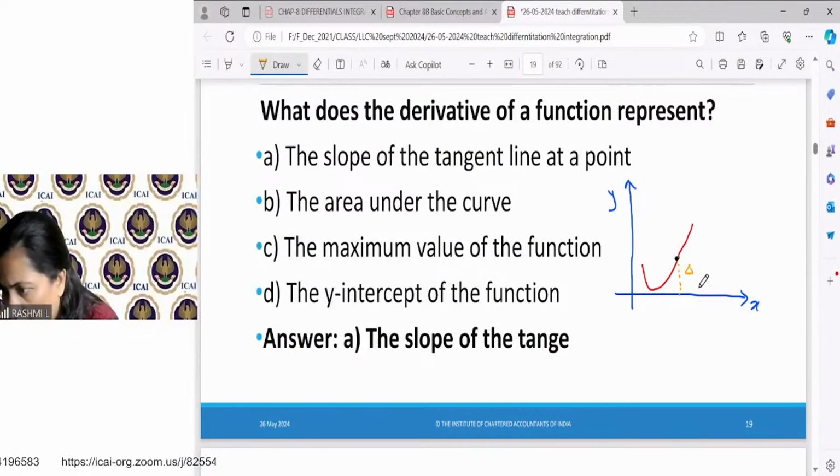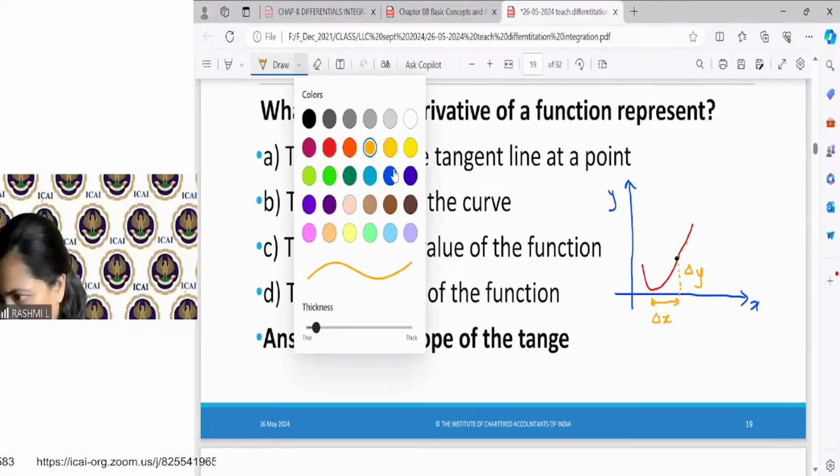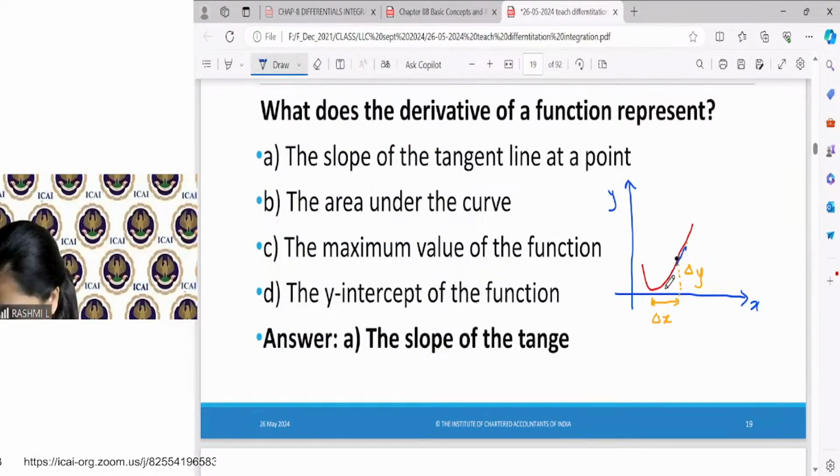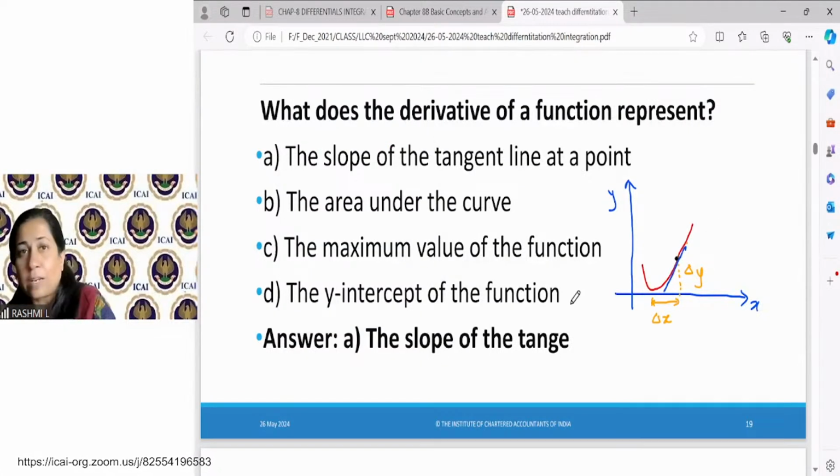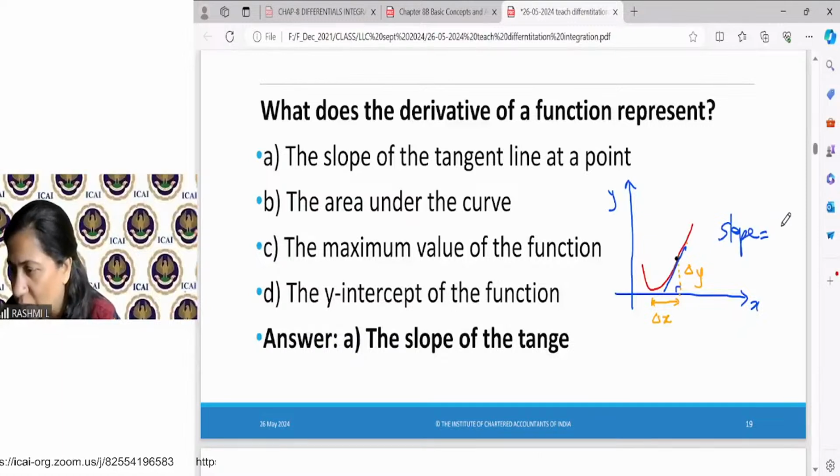This is going to give me delta y, and this over here is going to give me delta x. So this is my tangent. I drew the tangent later so that I am able to write it well. The slope of the tangent will be given by delta y upon delta x. So slope will be equal to delta y upon delta x.